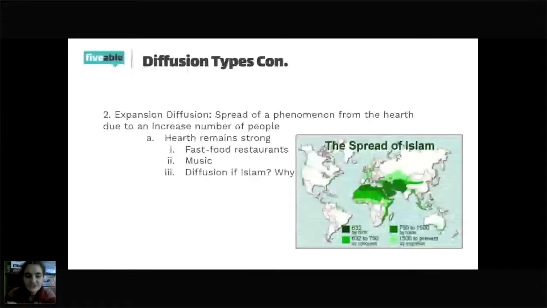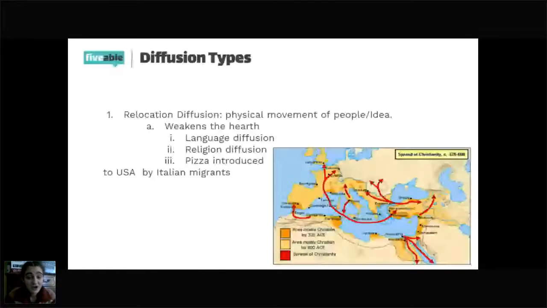So, you know how we talked about relocation diffusion? I keep losing control. Okay. In relocation diffusion, right, we talked about how the Hearth weakens, right? Here, Christianity is no longer strong in the Middle East. The Hearth, where the religion was found, is no longer strong. That's why I was able to use it as an example of relocation diffusion.